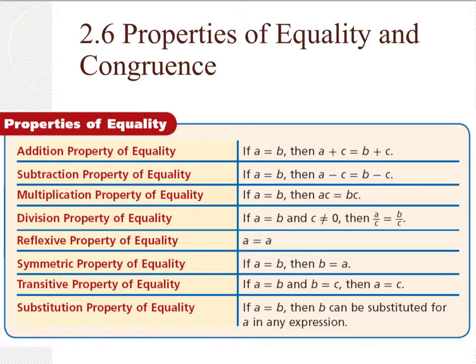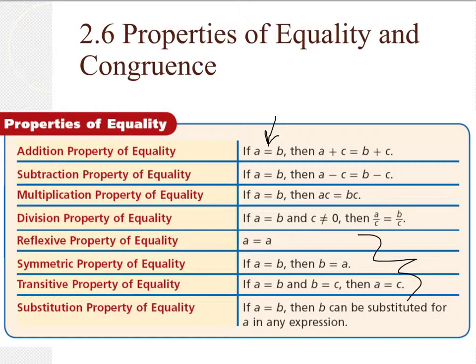Okay, then here are our properties of equality. This is going to be on the back side of that sheet, the back side of the handout that I gave you. Okay, again, these are going to be with our equal sign. Notice there are three here. You will see reflexive, symmetric, and transitive property of equality.